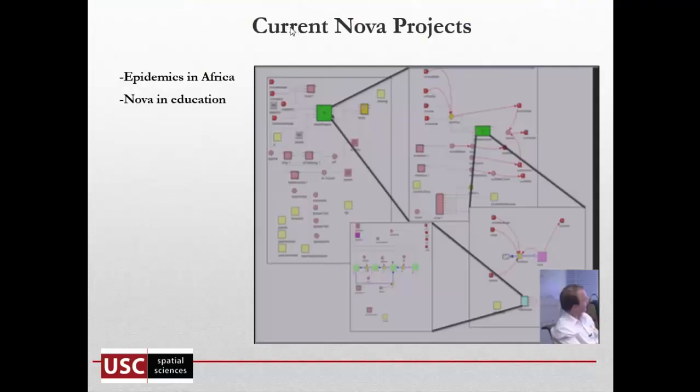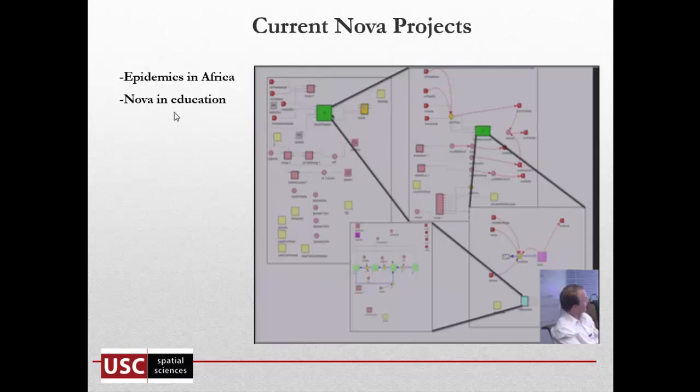Quickly, I'll mention that Nova is very new, so Nova projects haven't had time to filter into the literature, but there are ongoing projects. For instance, this gentleman is studying epidemics in Africa, and this is his model. And it's got several layers where we have incidents of a disease, the individuals, communities, and an entire clinical study area.